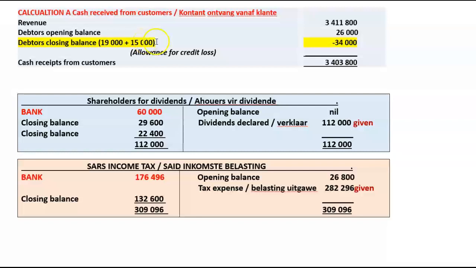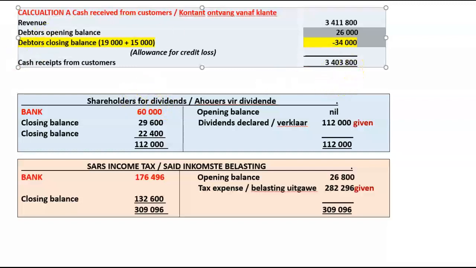Your movement then was the difference between 26,000 and 34,000 Rand, which gives you 8,000 Rand, an increase in trade debtors, which represents a cash outflow. So total cash receipts from customers, 3,403,800.